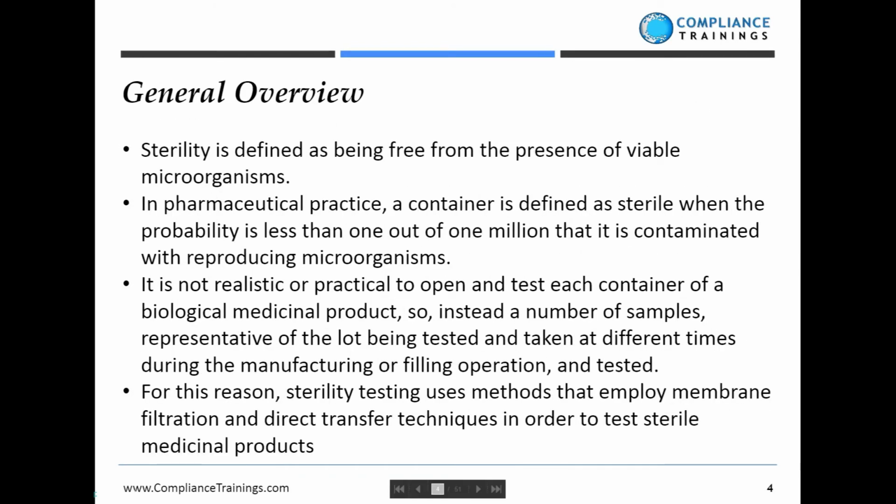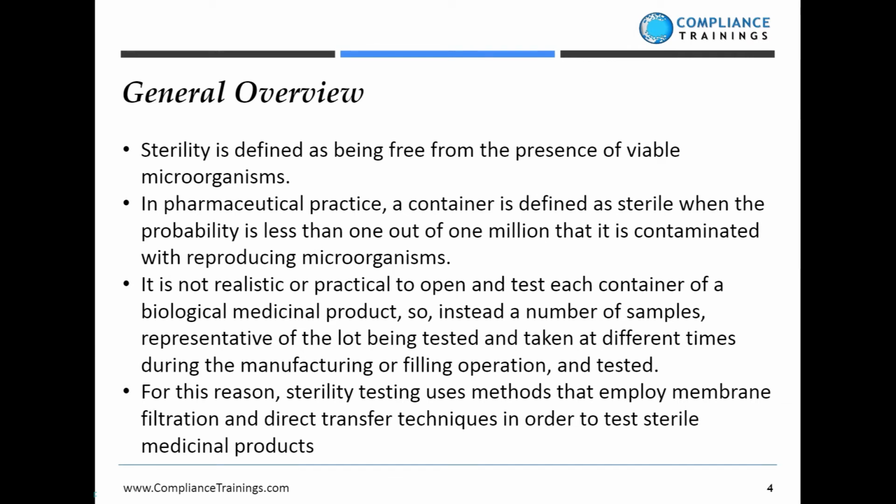When we talk about sterility, there's a lot of definitions about what sterility actually means. In our industry, we're talking about something being free from viable microorganisms. We say that in our industry, something is sterile when the probability is less than 1 out of 1 million that it's contaminated with reproducing bacteria.